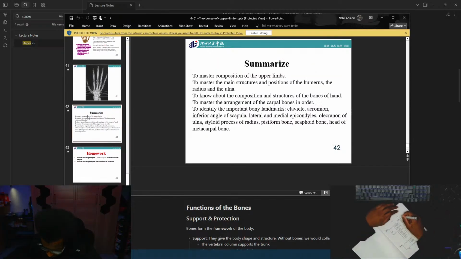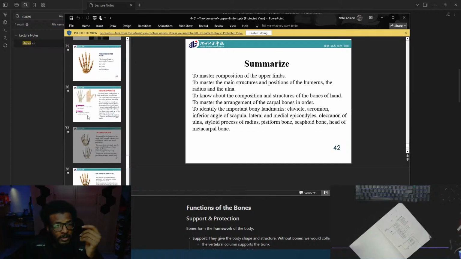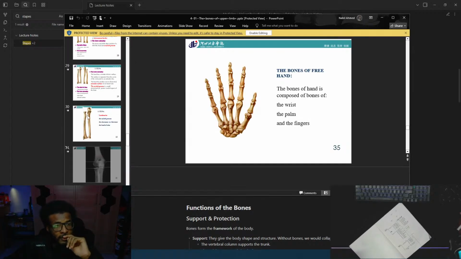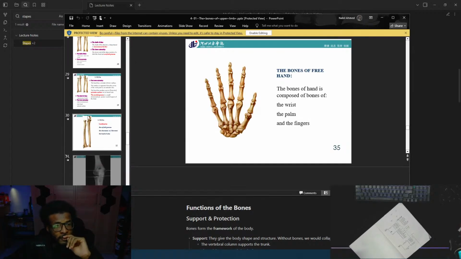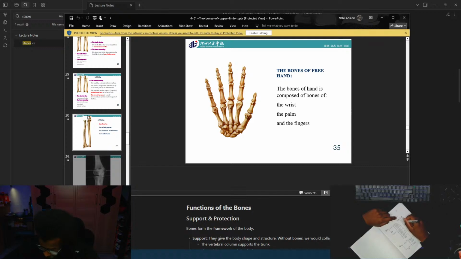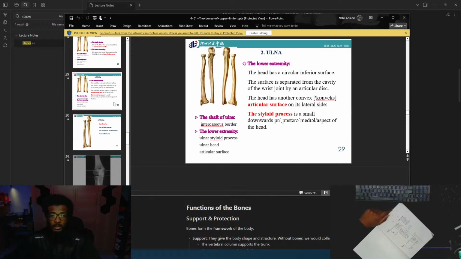Okay, so only humerus. Like the hand, the free hand, they didn't go into much detail on it. They only focus on the clavicle, scapula, humerus, radius, and the ulna.